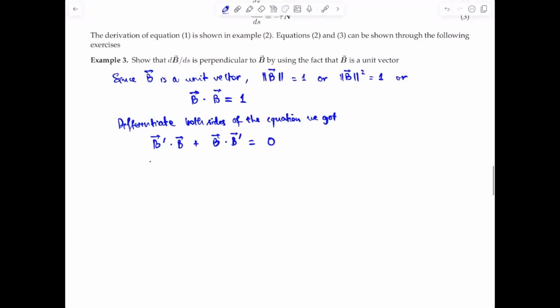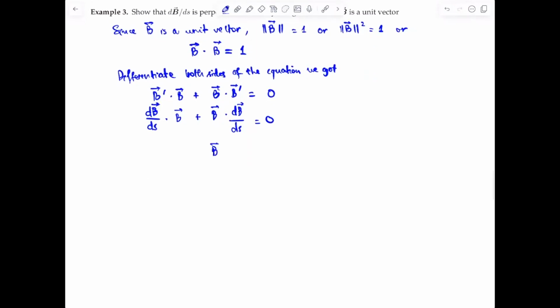So you have dB/ds dot with B plus B dot with dB/ds equal to 0. All right. So these two terms are the same. So therefore, you have that B dot with dB/ds equal to 0.